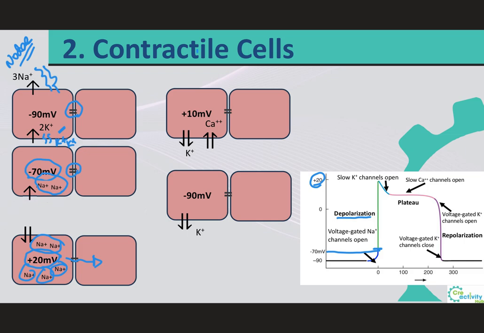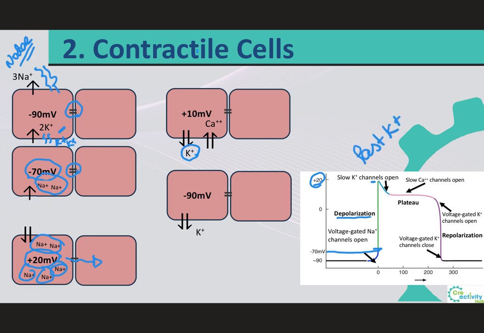After the depolarization, the sodium channels will close to be able to reset. And this means that potassium channels then start to open up once it reaches the positive 20 millivolts. Now, the first potassium channels that open are what we call fast potassium channels.